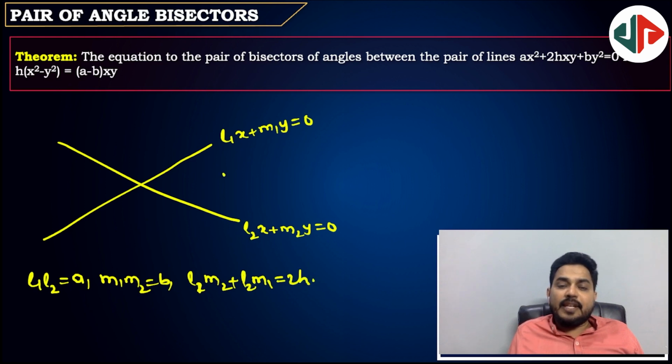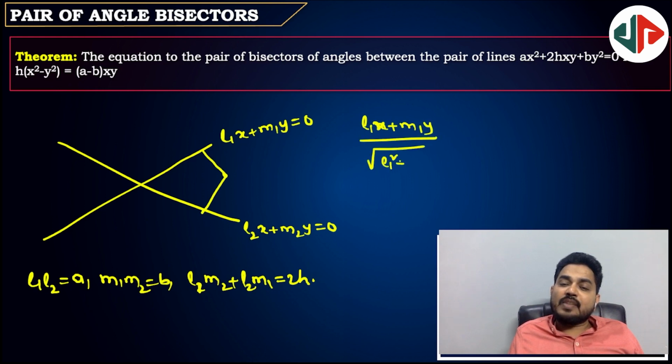So for a point, the locus will be (L1x plus M1y) by root over L1 square plus M1 square is equal to plus or minus (L2x plus M2y) by root over L2 square plus M2 square.